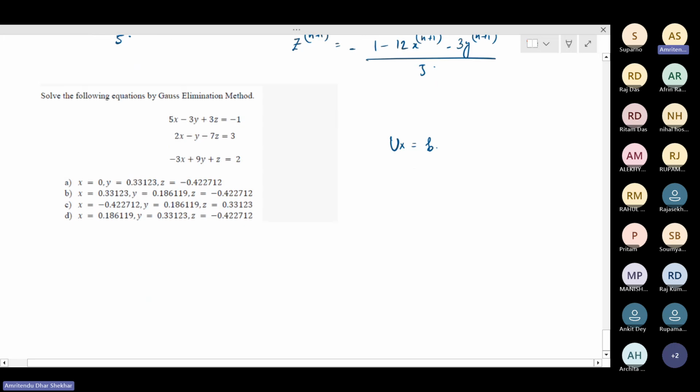What this means is that the system of equations looks something like this: u11 x1 up to u1n xn is equal to b1. In the second equation, the x1 coefficient is actually 0, so it's u22 x2 plus up to u2n xn is equal to b2.